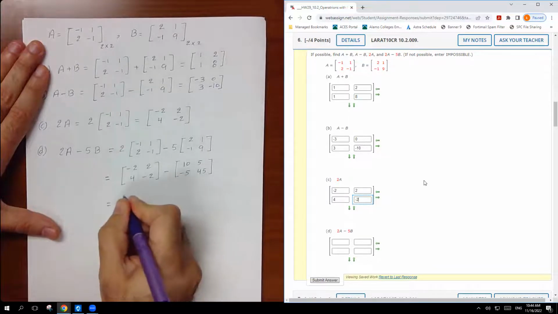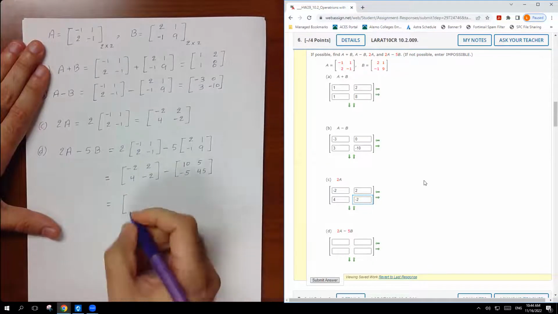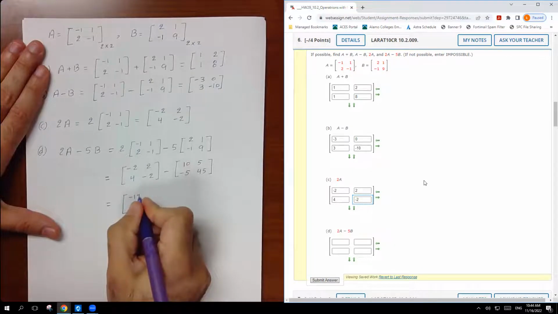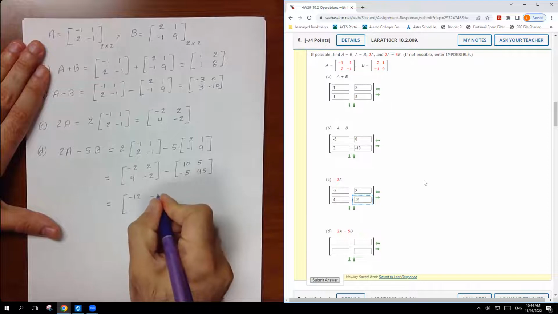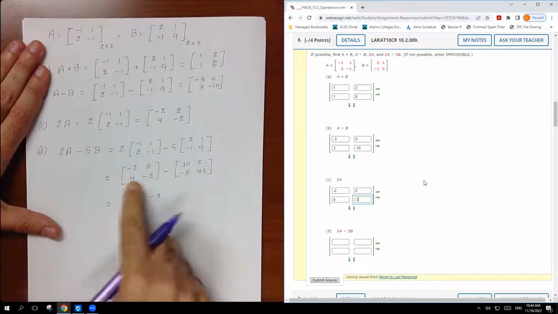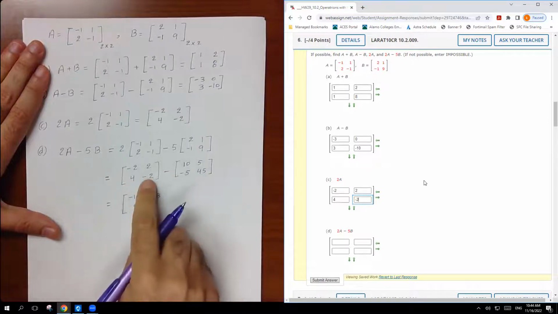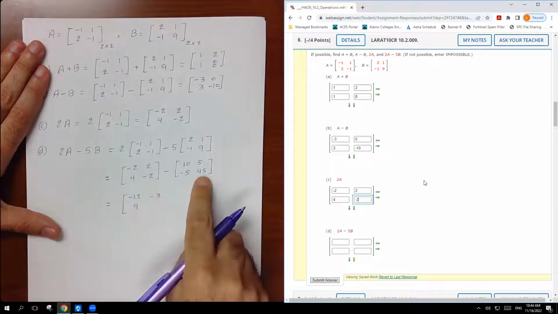So this one is going to be equal -2 minus 10, so it's going to be -12. 2 minus 5 is going to be -3. 4 minus -5, that means 4 plus 5, is going to be 9. And -2 minus 45, you're going to add these together.